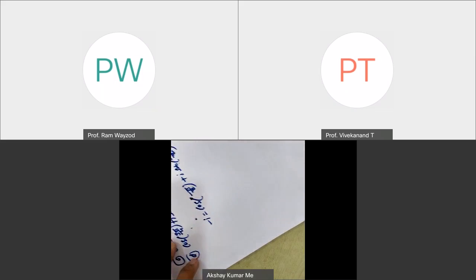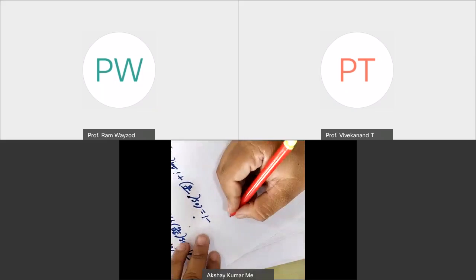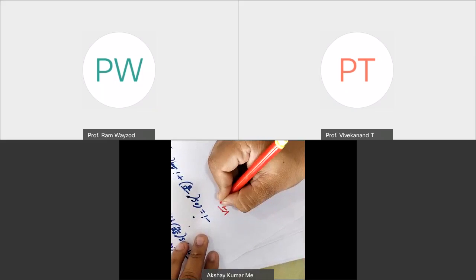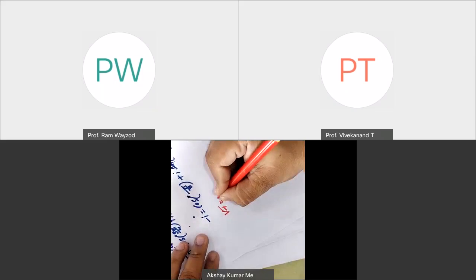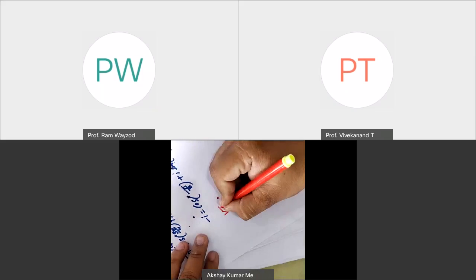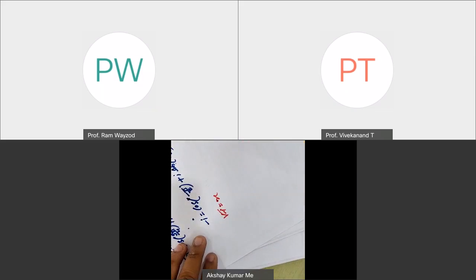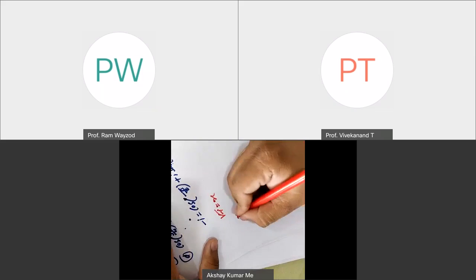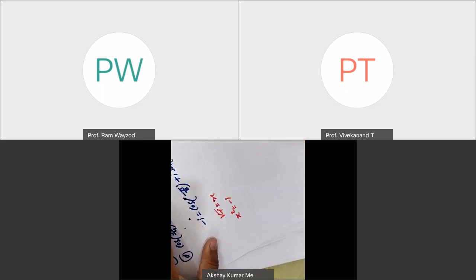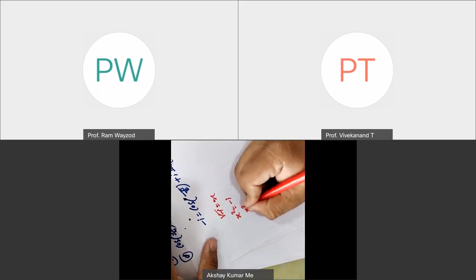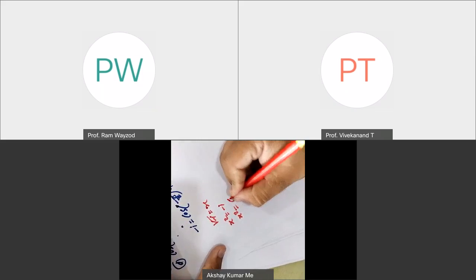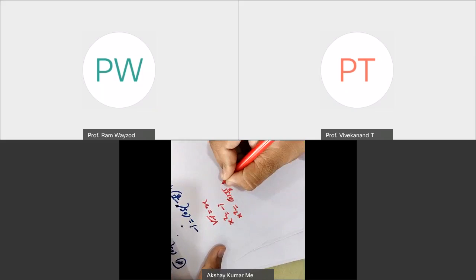Or simply, if we solve theoretically, we have to find the root of minus i. So suppose the root of minus i is x. For example, x square is equal to minus i, and x square is equal to cos pi by 2 minus i sin pi by 2.